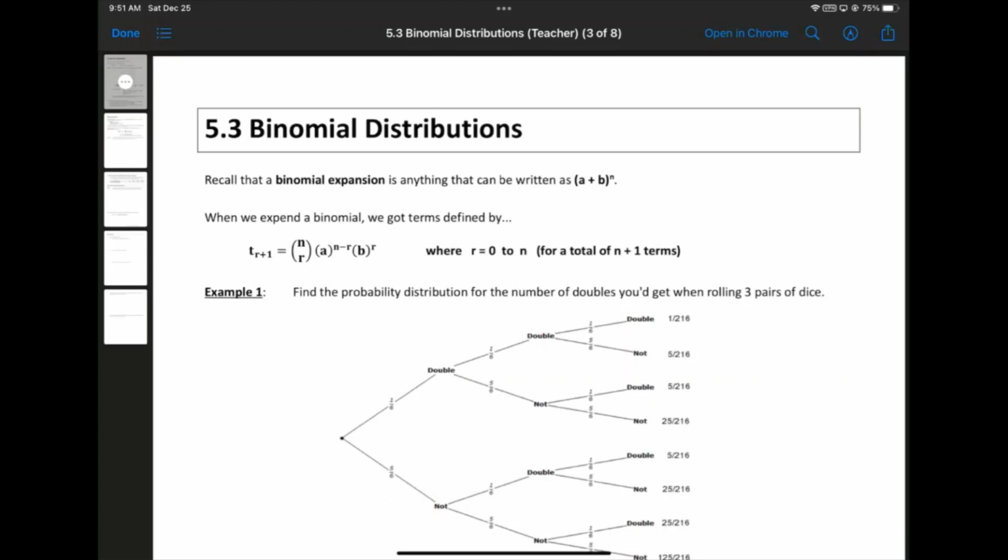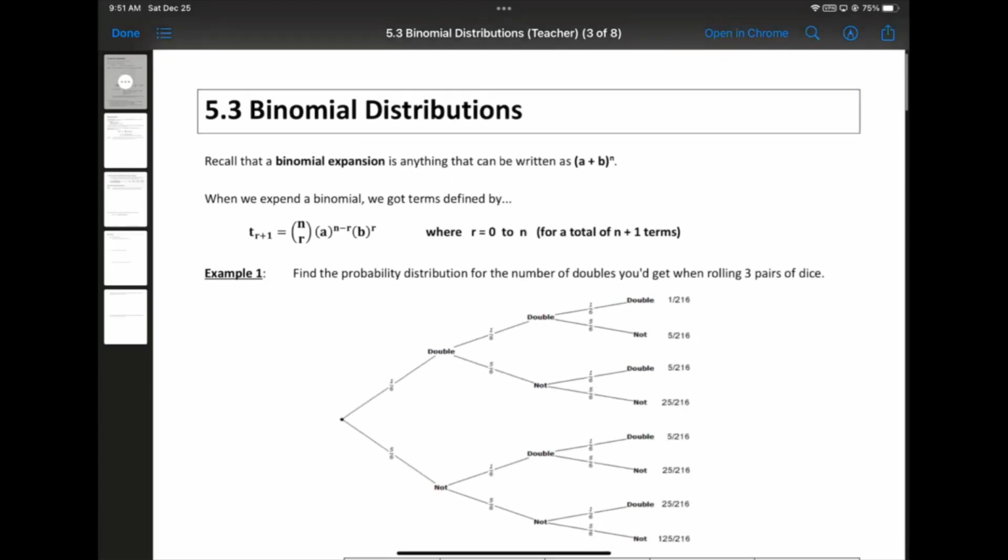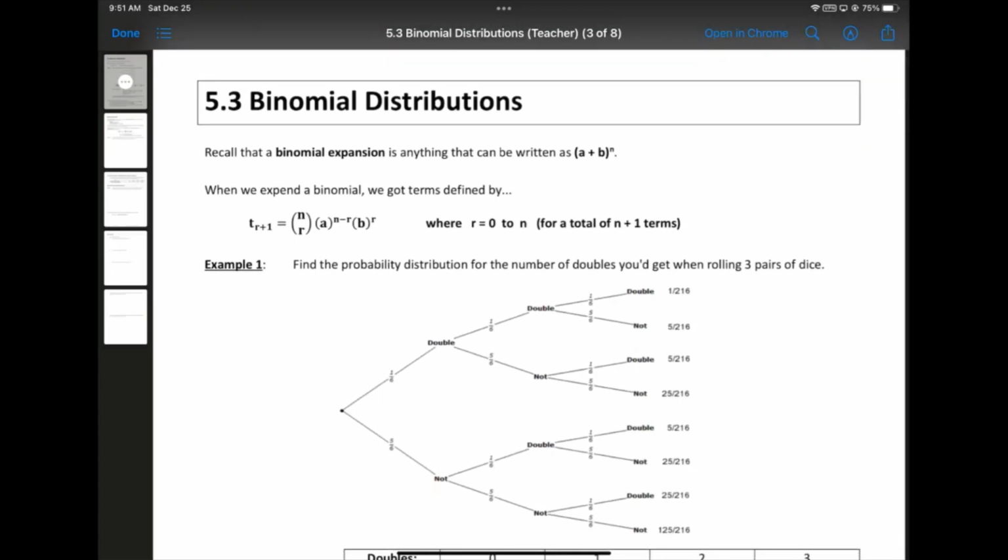So what I've done here is I've made a tree diagram, and I used an actual tree diagram generator to produce this. And it's a pretty simple one. It's got a stochastic process on it, only because it's got the 1 in 6 chance of, in this case, rolling doubles, or a 5 in 6 chance of not rolling doubles.